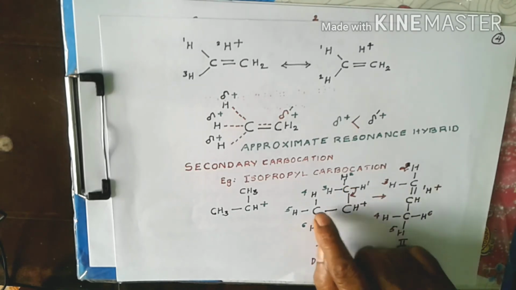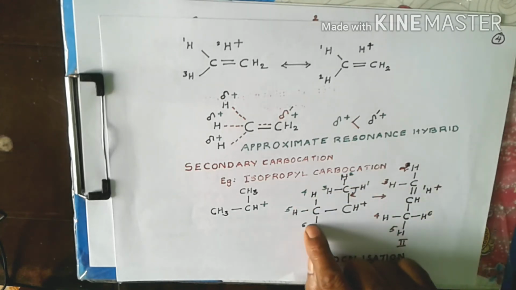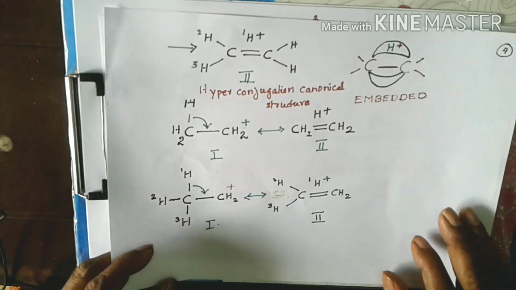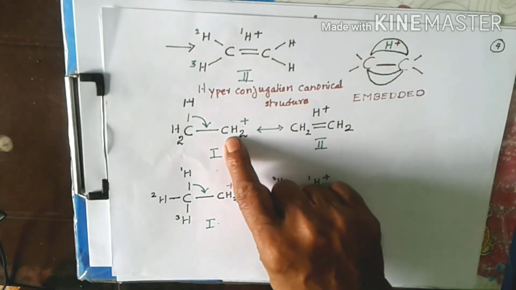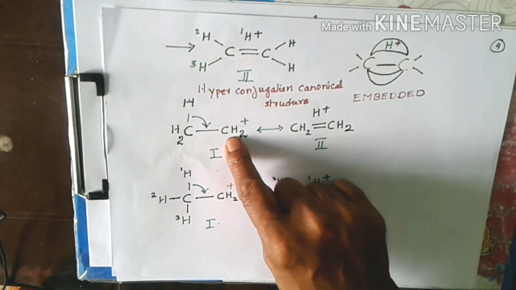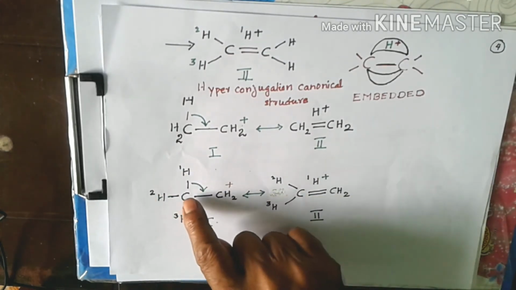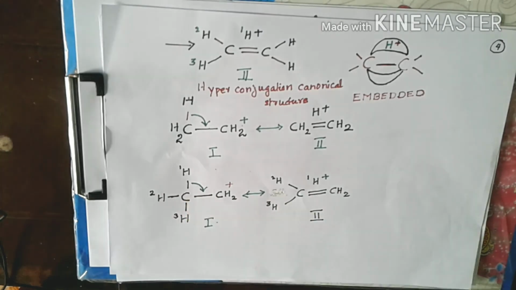There are 2 methyl groups and a total of 6 hydrogen atoms are connected to the carbon atoms of the methyl groups, so that we can say 6 hyperconjugation canonical structures are possible, whereas in ethyl carbocation, to the positive carbon only 3 hydrogen atoms are connected to the carbon of the methyl group.